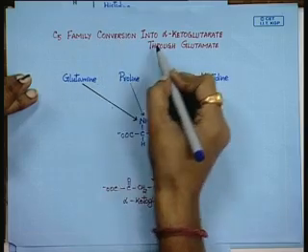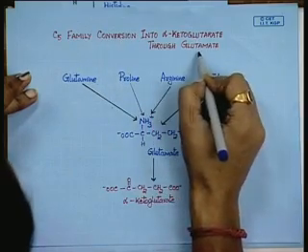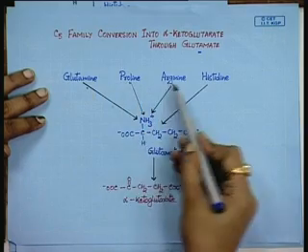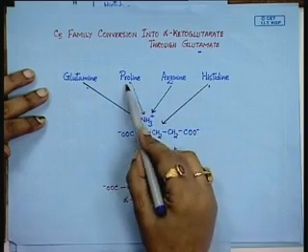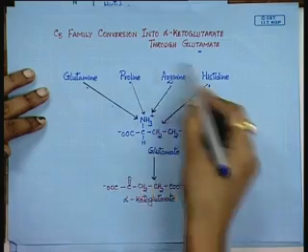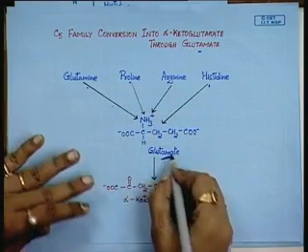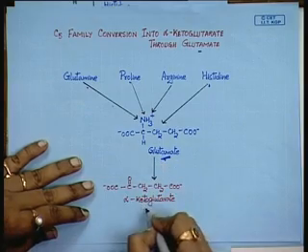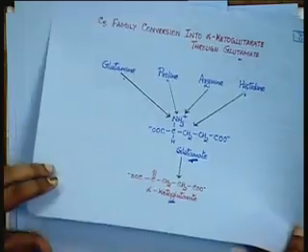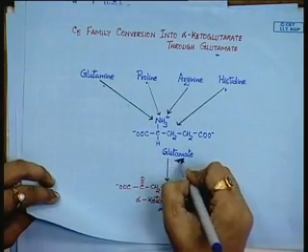In the C5 family, conversion into alpha ketoglutarate through glutamate, we can find that glutamine, proline, arginine, and histidine are all amino acids that are converted back to glutamate. Glutamate gets converted to alpha ketoglutarate, and this way alpha ketoglutarate and glutamate play a significant role in operating this urea cycle.